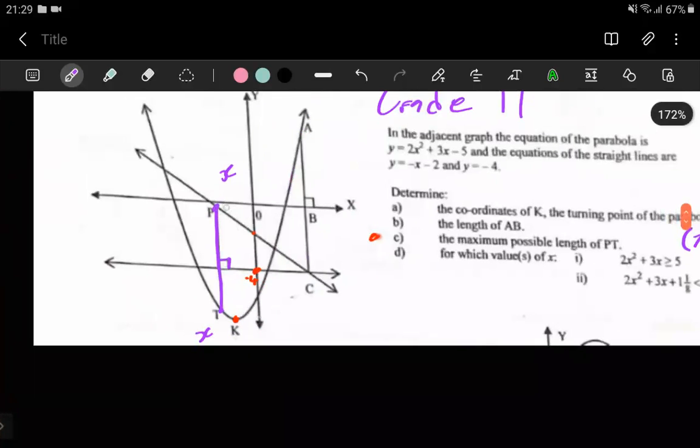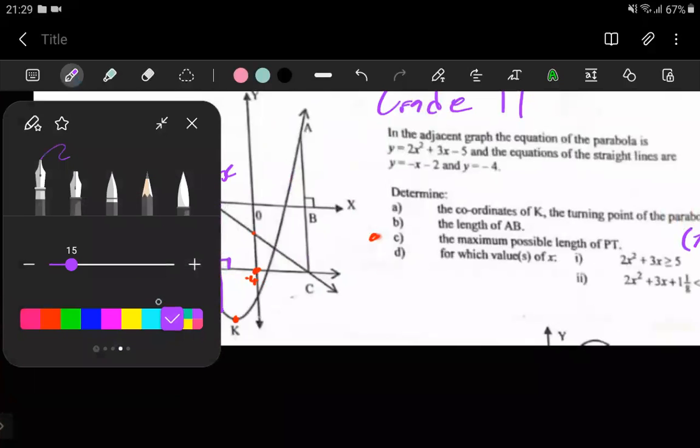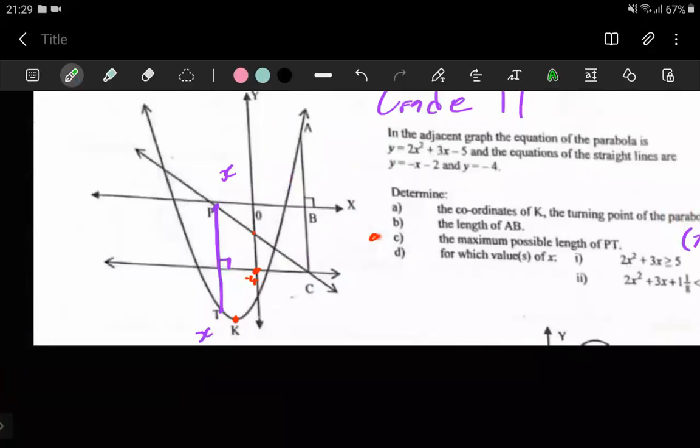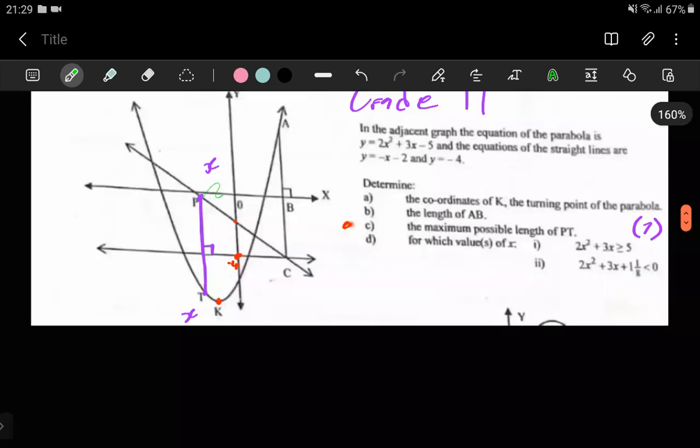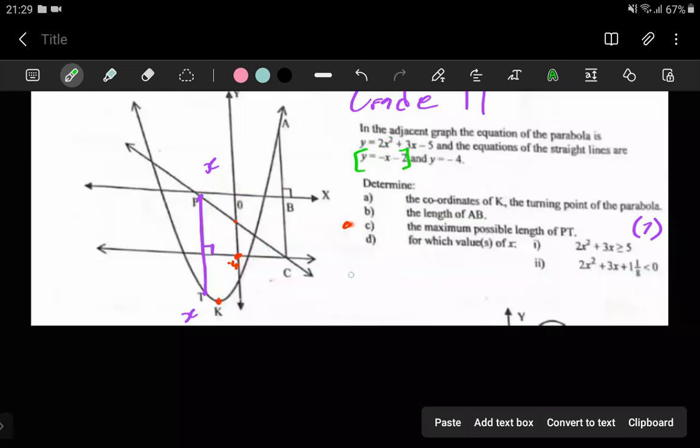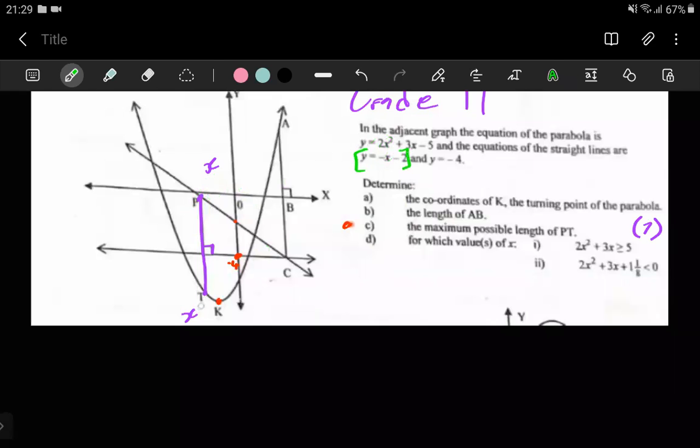The Y value here minus the Y value down there is going to give you the distance of PT. So at point P, you will always get the Y value from the equation of the straight line.